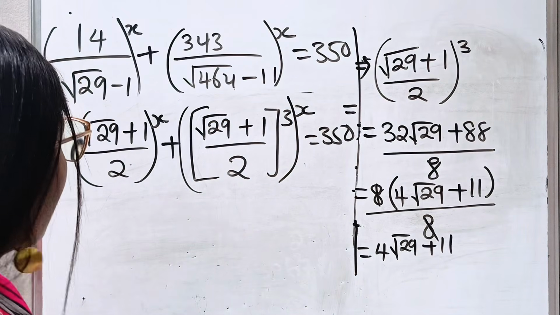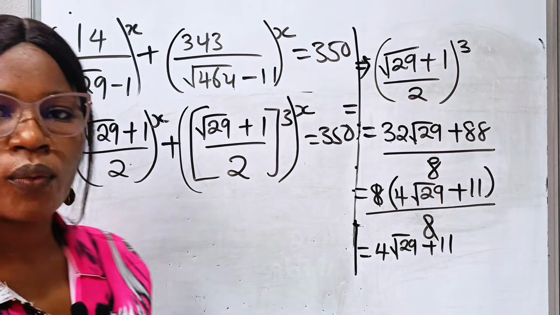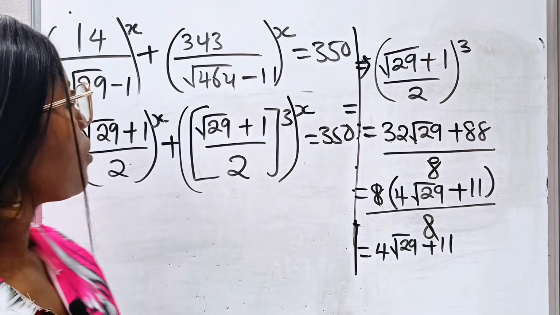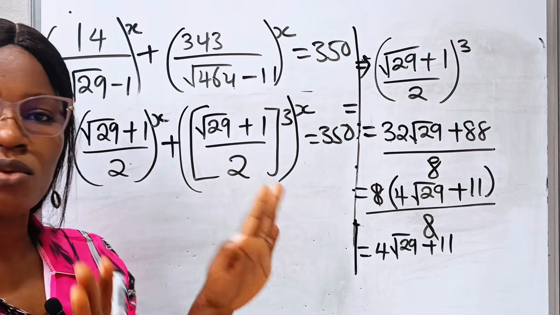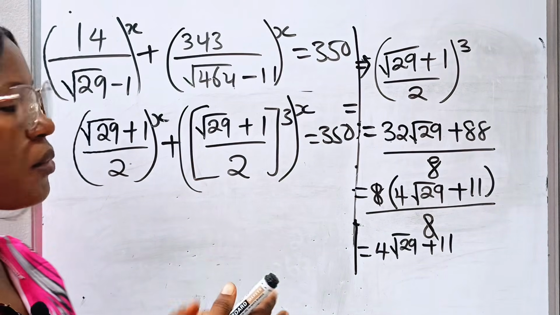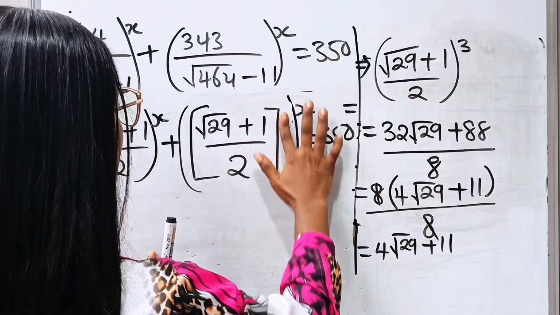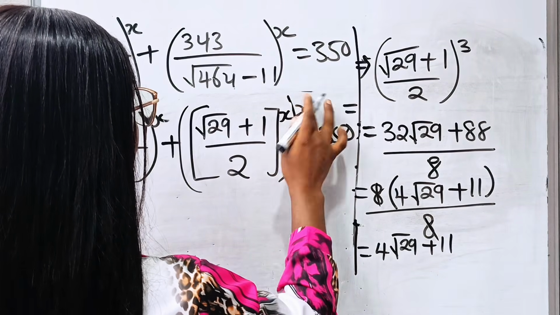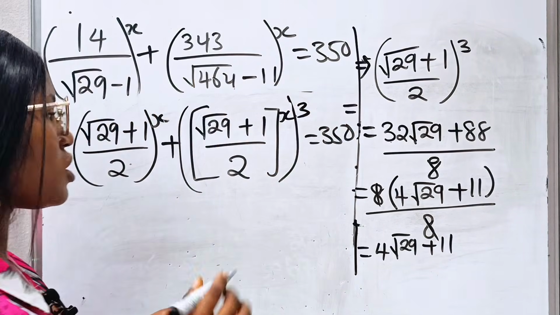Now we can actually bring this in and take this out without changing the value, right? So permit me to bring this in and take this out. So we have x here and we have 3 here. We have not changed anything.